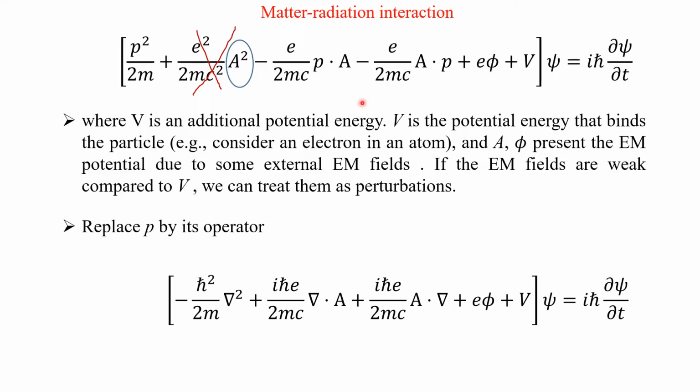We keep this term as it is, plus V. Here only these two terms, -A·p and -p·A, because A and p will not commute. Then we will see what will happen to this expression.